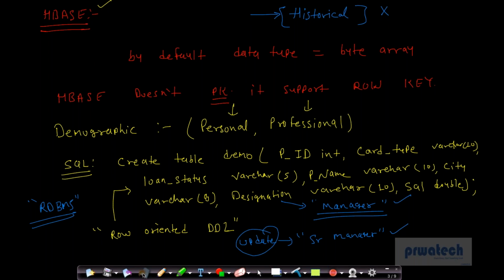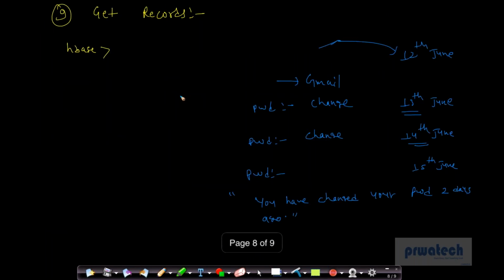NoSQL says, no worry, I will give you the option to store your history also, as per your requirement. How many days of history do you want to store? The password of 12th June? 13th June, 14th June?